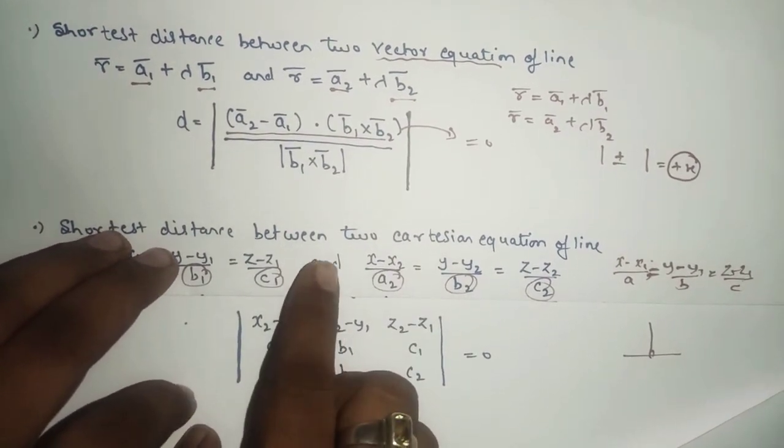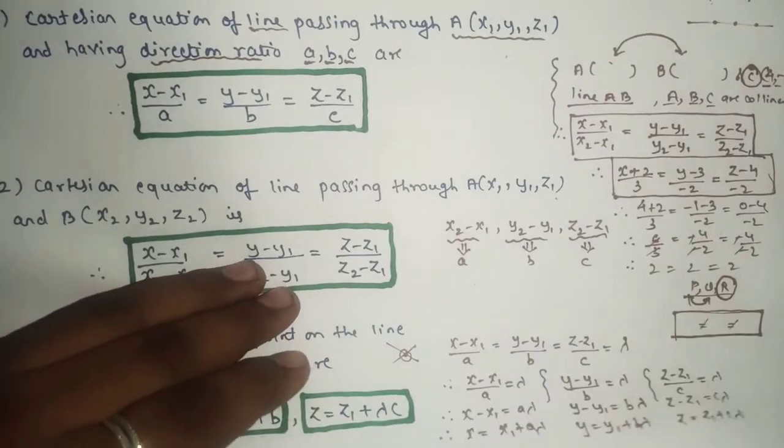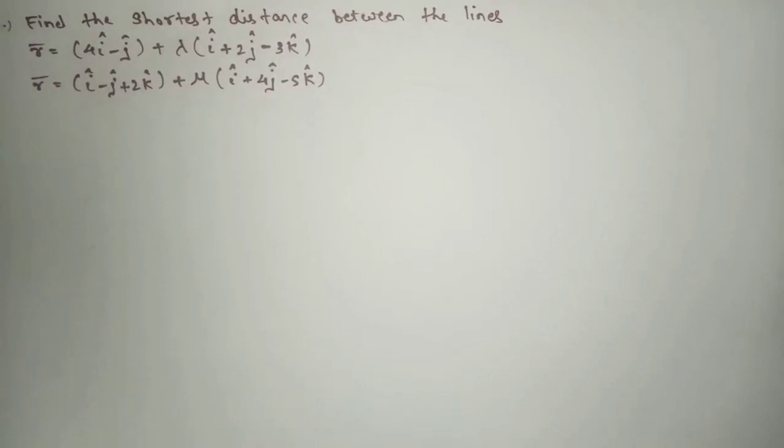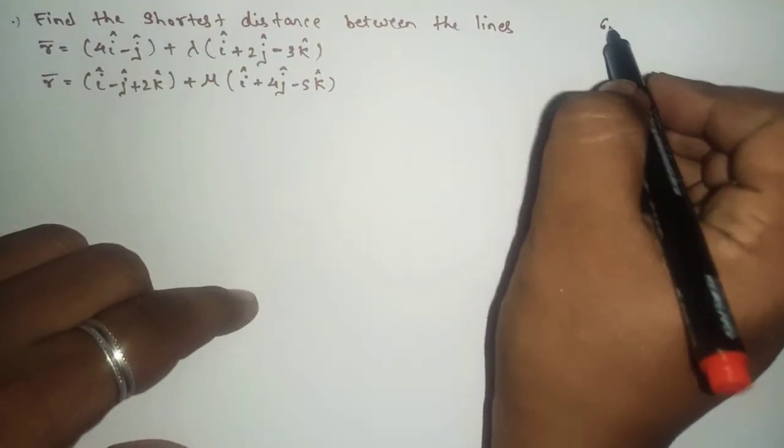So let's begin with the sum, where you will see how to find the shortest distance between the lines. All these sums are in the second exercise, number 6.2.